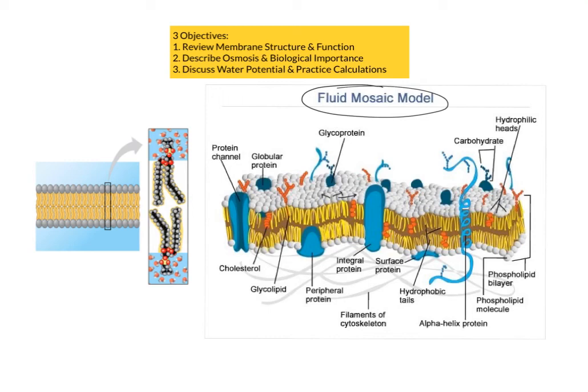And then within that, you also have different types of proteins, integral proteins, channel proteins, glycoproteins, all these different things, as well as stabilizing molecules like cholesterol, and molecules that we'll talk about a little bit later in this class, carbohydrates, which oftentimes are involved in being receptors and communicating with other cells, but it is a mosaic, a patchwork of all of these different types of components.